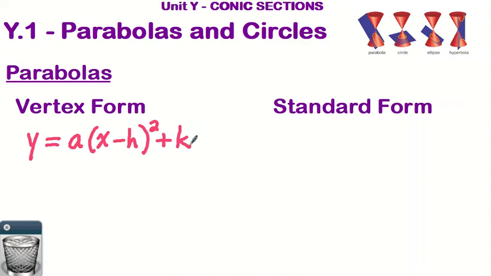If an equation is written like that, where x is still just x, y is still just y, but we have some a value, some h value, and some k value, and it fits that mold, it's in vertex form. The convenient thing about this form is that h comma k is the what?